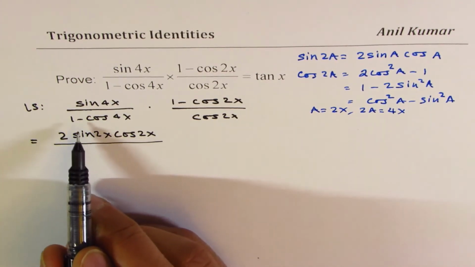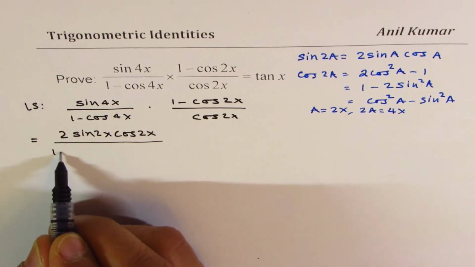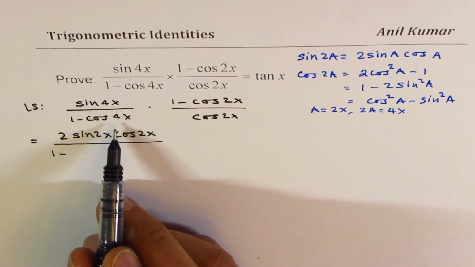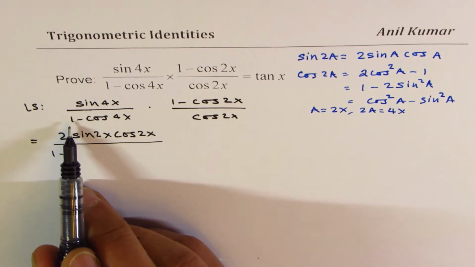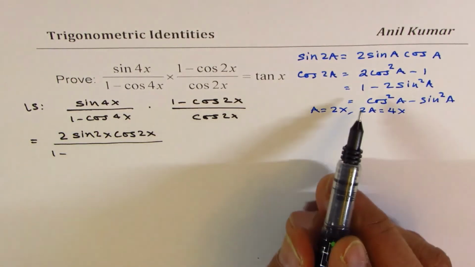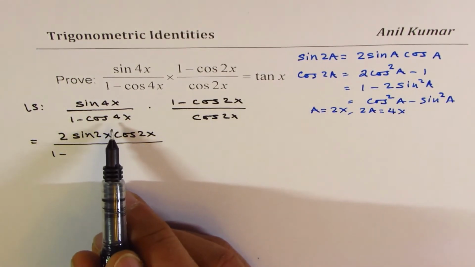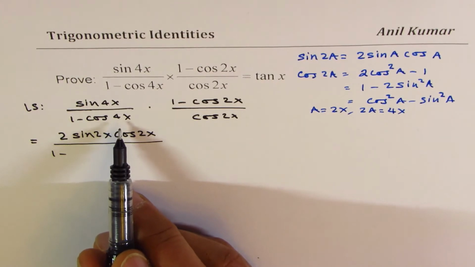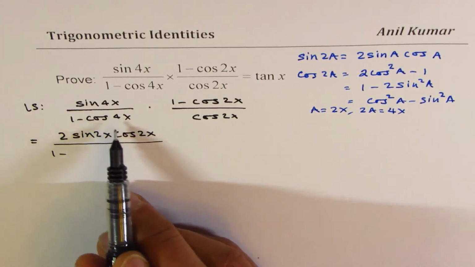Now 1 minus cos 4x. We have liberty to use cos 4x the way we want. Since there is a one positive here, and there's a negative sign, I'll rather use the 1 minus 2 sine square a formula. In that case, one of these terms will get cancelled.